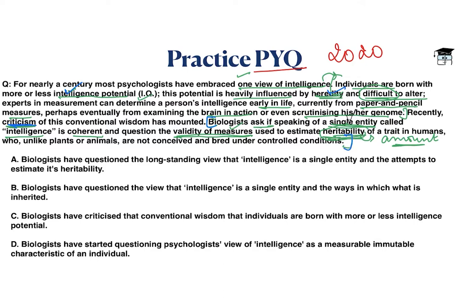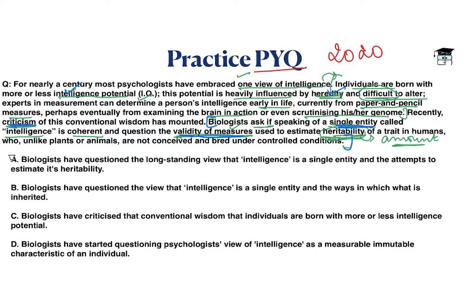The criticism talks about whether intelligence is a single entity and the validity of the measures. So these keywords should be present in my summary. Now, again, before you start, it is very important that you match all of the options with your summary. Read all of the options and then check which option suitably identifies your summary.